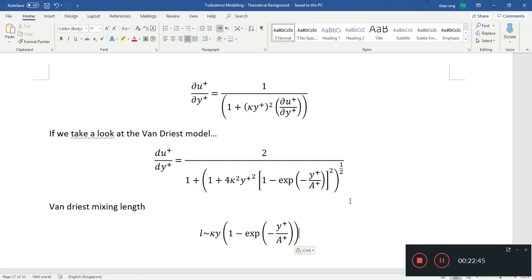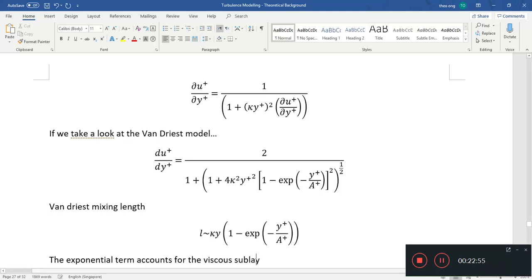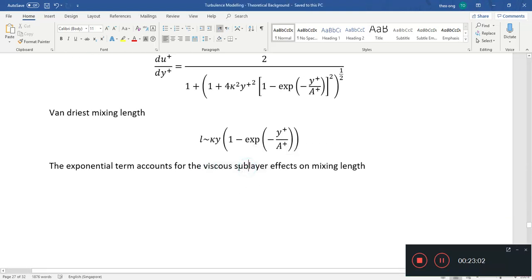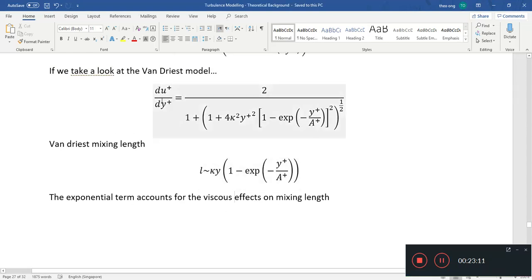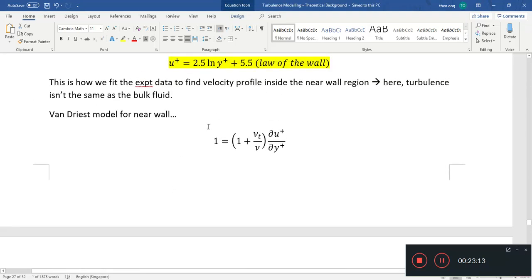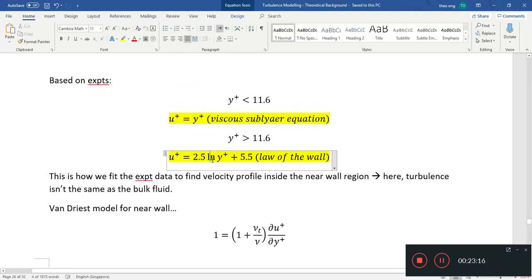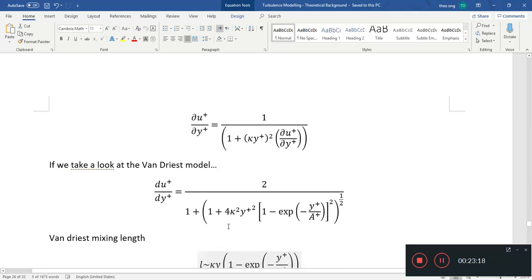So the exponential term accounts for the viscous sublayer effects on mixing length, or in fact you can just say the viscous effects on mixing length. So this is the Van Driest model, and this will give you a smooth transition from the viscous sublayer to the log law region.